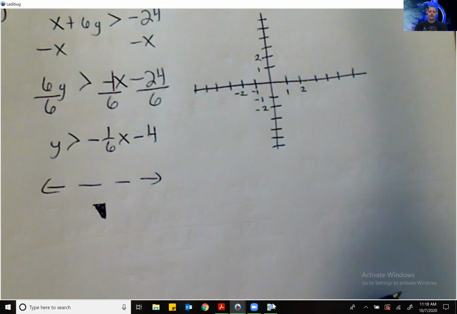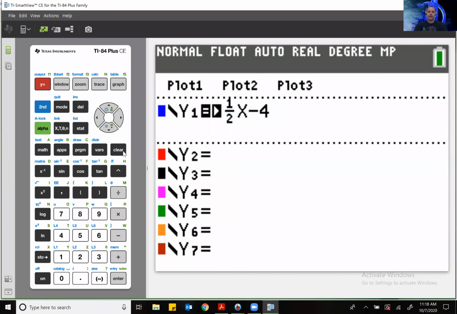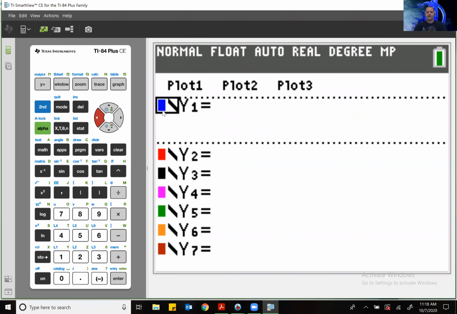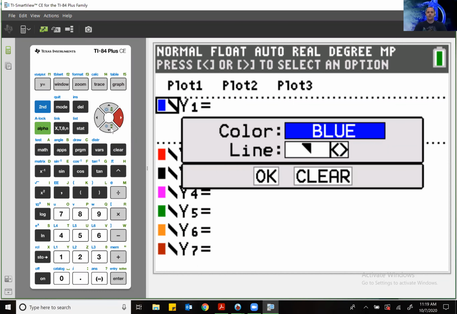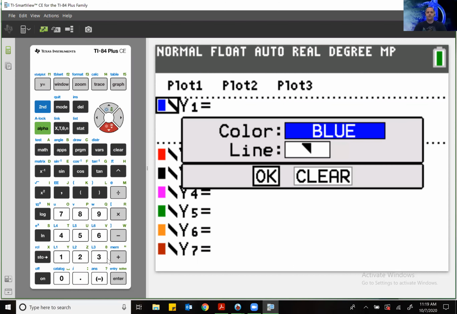So we go to the y equals part and change this. I scroll all the way to the left to my line symbol, hit enter, scroll down to the line, and scroll to the right. There's the top triangle I need. Scroll down and hit OK.